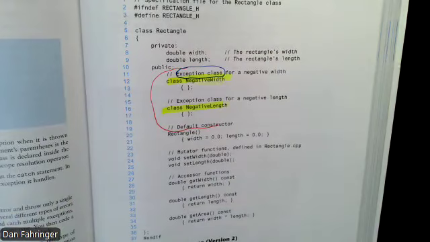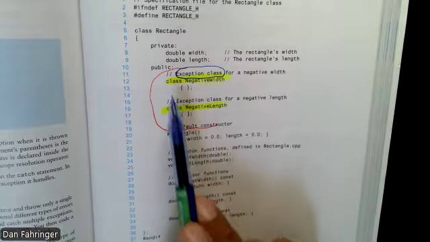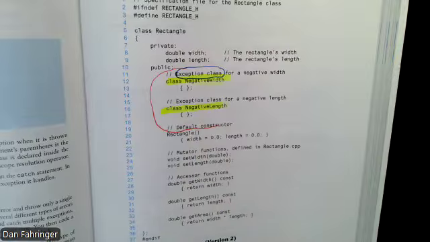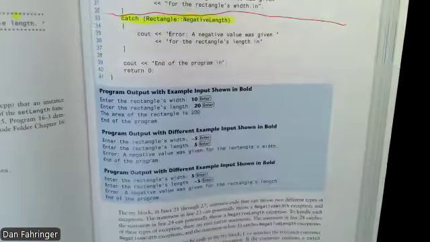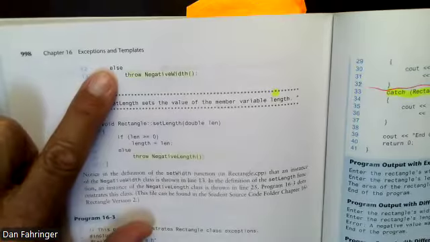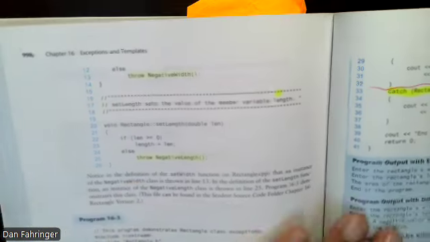That's the terminology you're going to hear me say. Write an exception class to blah, blah, blah. Here's multiple exception classes. They're listed before the constructors. Raises negative width, raises negative length.